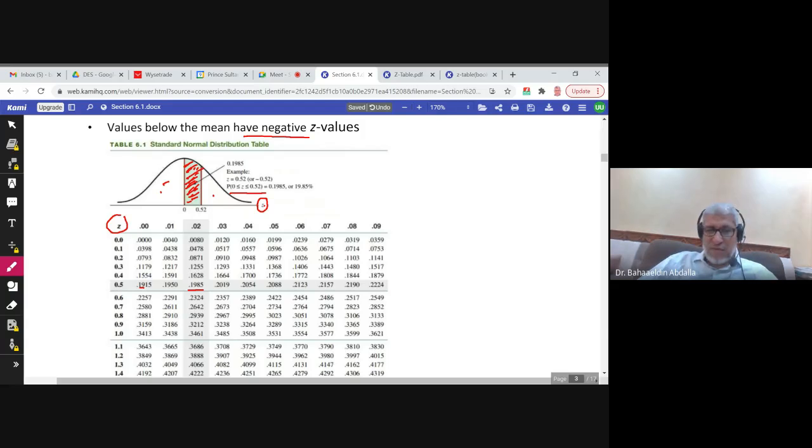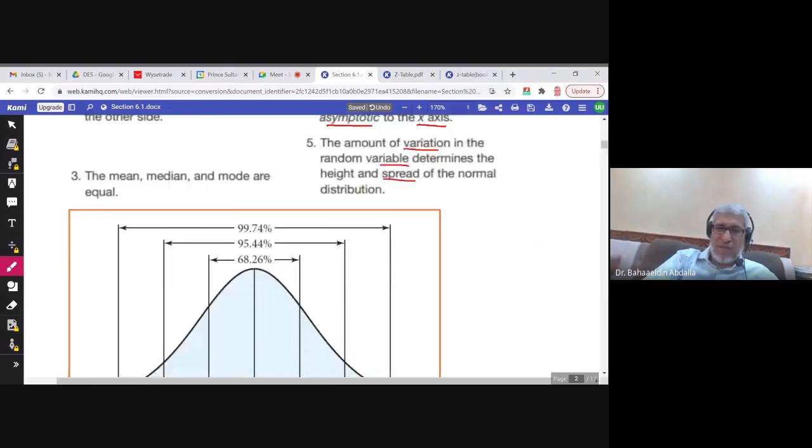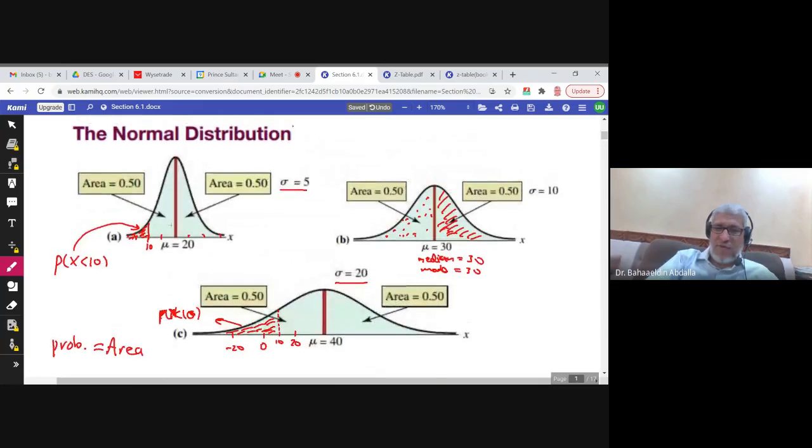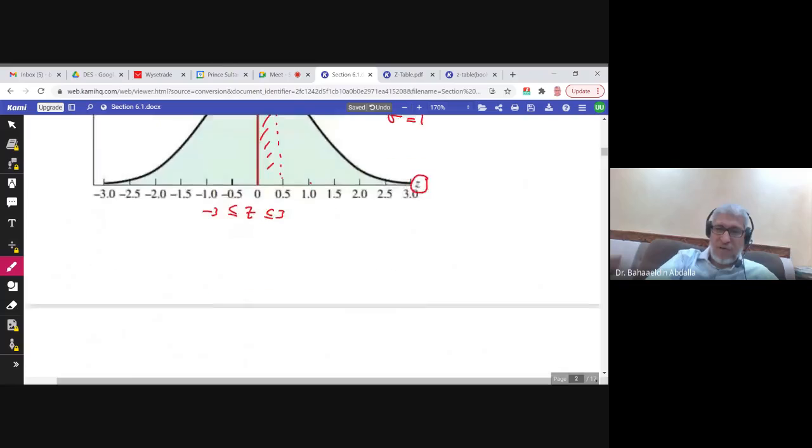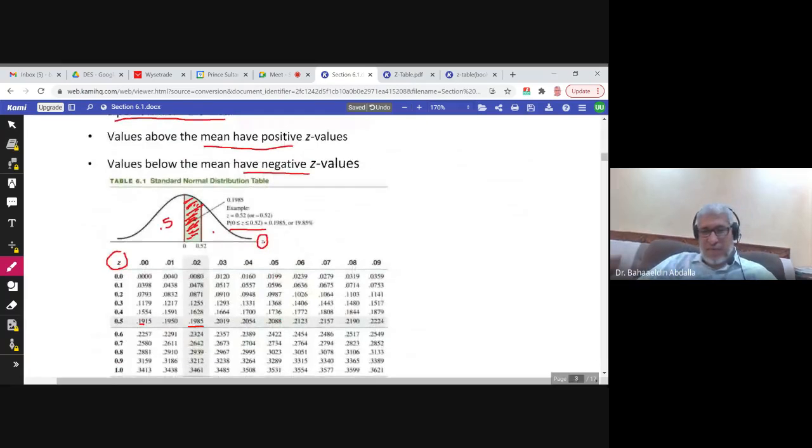I know that this area is always 0.5, because we have studied that the area to the left of the mean is 0.5, and always the area to the right of the mean is 0.5. So this area is 0.5, and this area is given by the table. And this area, let us say this one, A. How to find A?